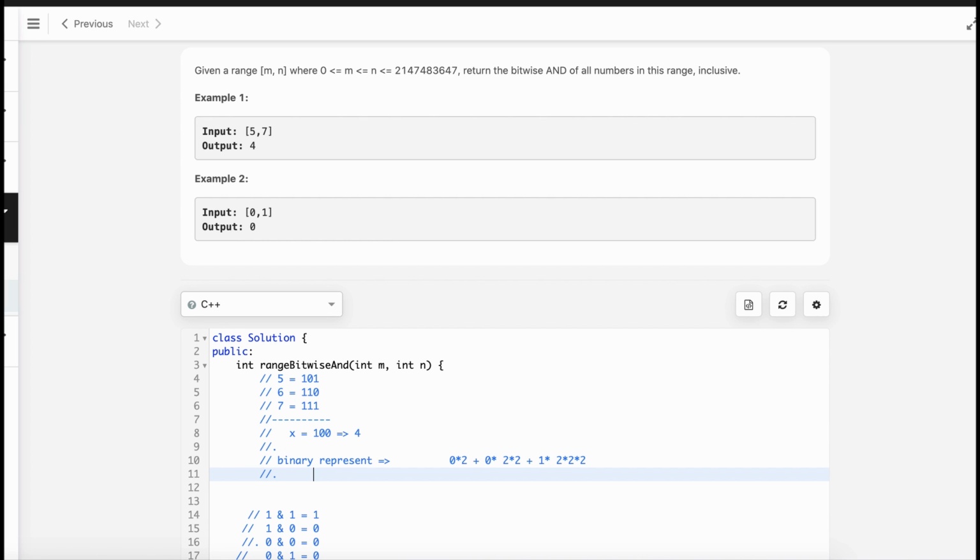Well, if we think about a decimal representation, for 1 2 3, versus the binary representation for 1 0 0.